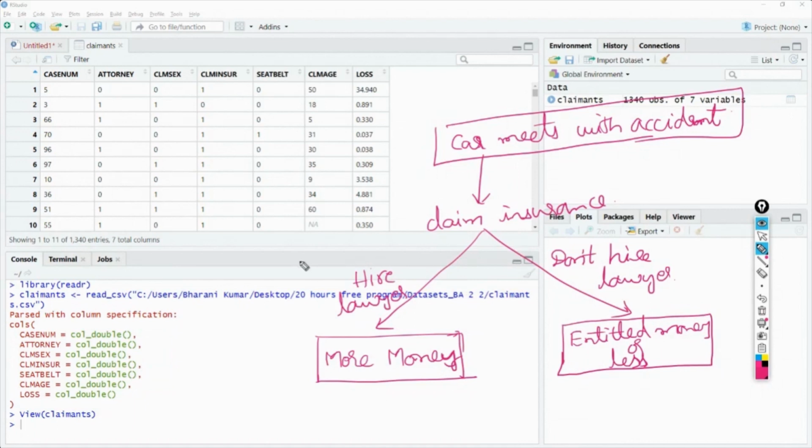So for an insurance company, it is going to be really interesting to predict whether a person will hire an attorney or lawyer. Attorney means lawyer. Attorney or lawyer mean the same. For an insurance company, they want to predict upfront whether people who meet with an accident will hire the lawyer or not.